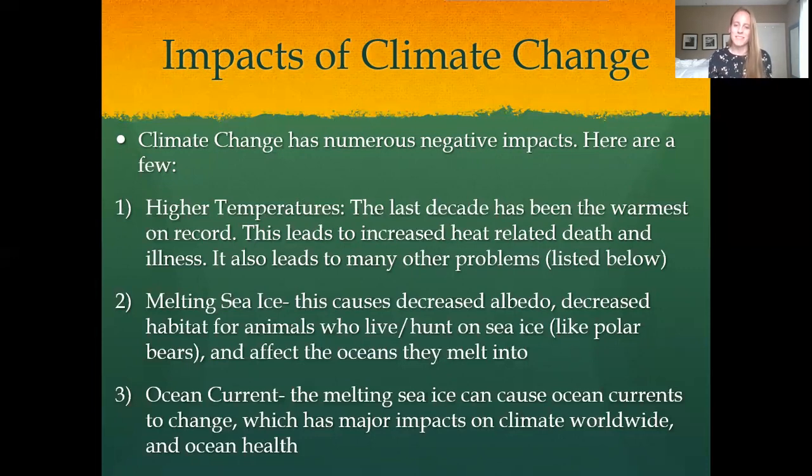So when you melt sea ice into the oceans, it's changing the salinity of the ocean in that area and also changing the temperature of the ocean in that area, both of which are factors that affect ocean currents. And it is hypothesized that if the current rate of sea ice melt in Greenland is maintained, the ocean current in the North Atlantic is going to stop or reverse direction, which would mean an ice age for Europe.